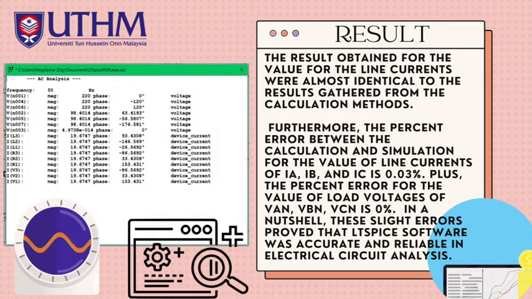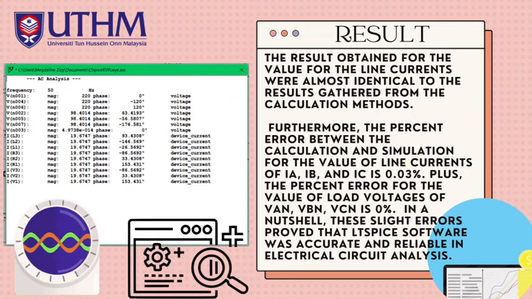IB is equal to 19.6747 with angle of negative 146.56 degrees ampere. And IC is 19.6747 with angle 93.44 degrees ampere.